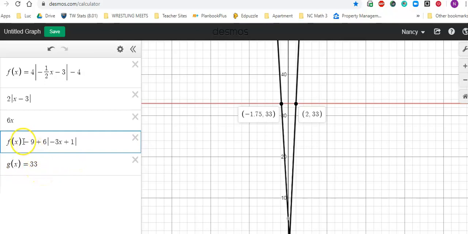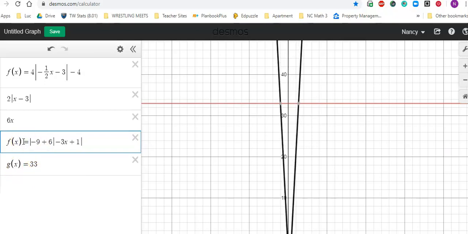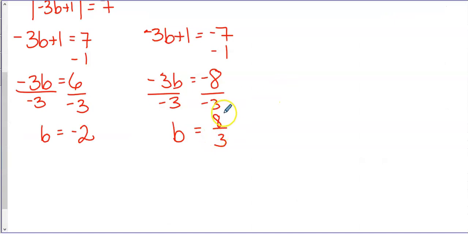Oh, I see what I did. I didn't put the equals right there. Let's see what we've got now. Negative 2, which we did get, and 2.667. 8/3 is what? 2 and 2/3, and that would be 0.666. So these both work. So your answer would be -2 or 8/3.